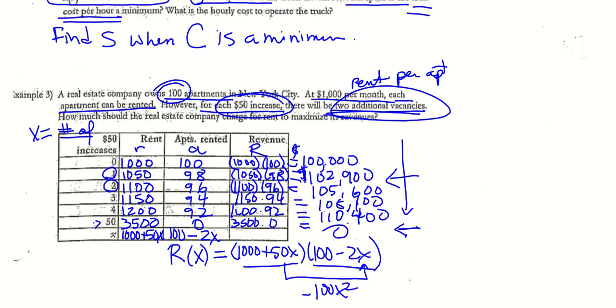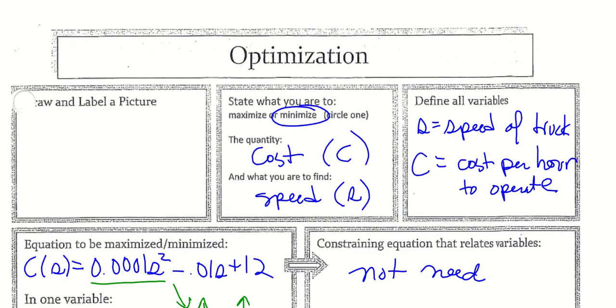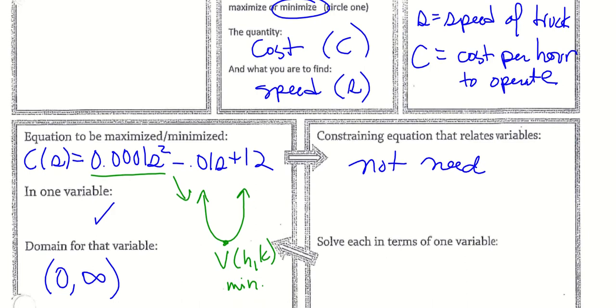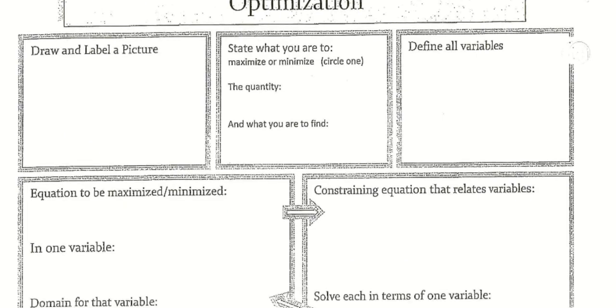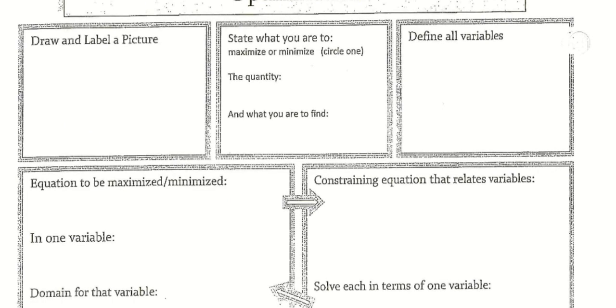And we're going to do this problem again using our graphic organizer. So I'm going to come down here, and we're going to use our graphic organizer. So again, no picture to draw. But we do have a situation where we are trying to maximize revenue.